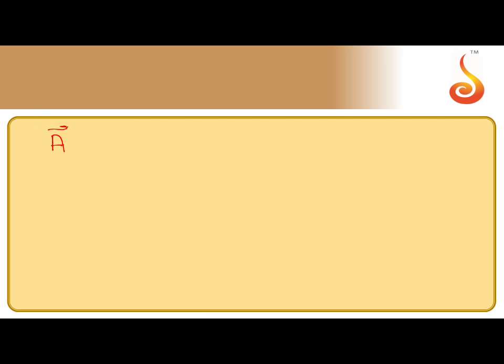Suppose there is a vector which is given by 5i cap plus 2j cap minus 3k cap. How do I find the magnitude of this? It is the basic simple formula. Magnitude of A is equal to root of 5 square plus 2 square plus minus 3 the whole square.